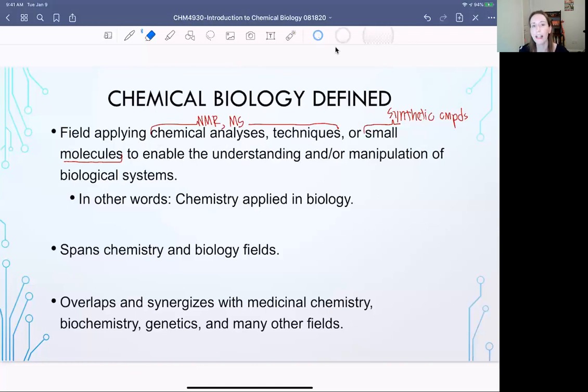Biochemistry we typically think of as just the study of the main classes of biomolecules, those being carbohydrates, nucleic acids, proteins, and lipids. But once we start applying those types of molecules toward understanding the broader function of the biological system, then we get into the realm of chemical biology.